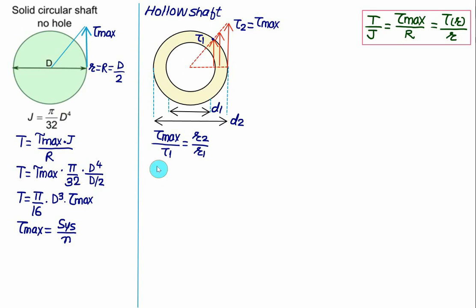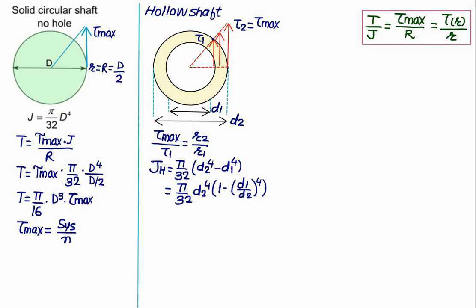As far as the polar moment of inertia is considered, for a hollow shaft it is given as pi by 32 multiplied by outer diameter d2 to the power 4 minus inner diameter d1 to the power 4. Here I will take d2 common, so in that case I will get pi by 32 into d2 to the power 4 into 1 minus d1 by d2, and the whole power is 4.